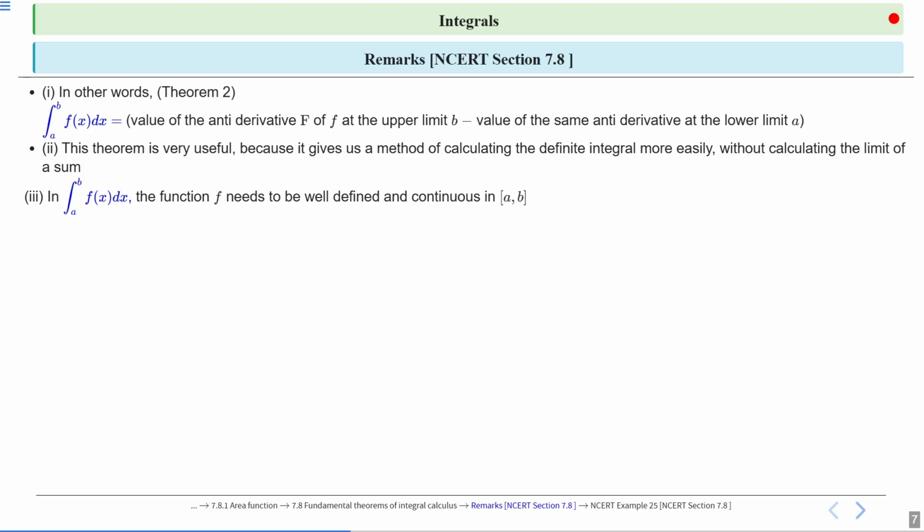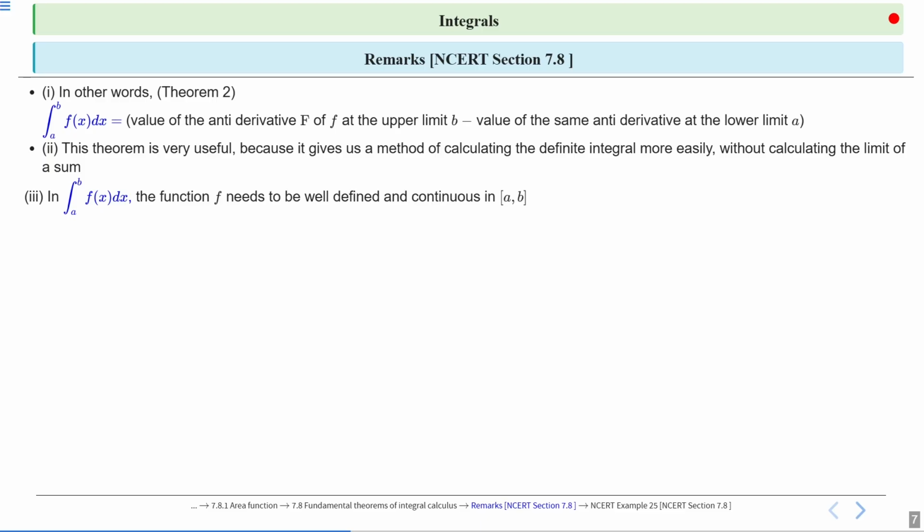So in the definite integral from a to b of f(x) dx, the function f needs to be well defined and continuous in [a, b]. Whenever we have to calculate a definite integral from a to b of f(x) dx, the function f needs to be well defined.